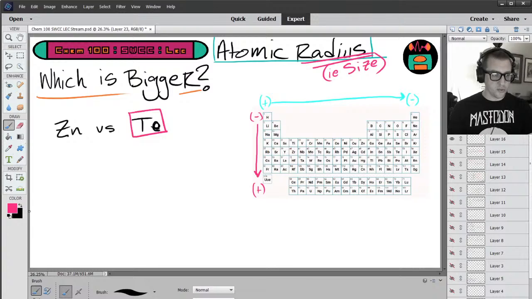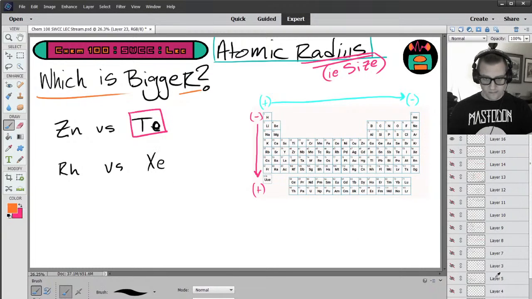All right, let's do another one. Let's do rhodium versus xenon. First job is we got to locate them, right? We may not know where all of these things are. Rhodium is right here, number 45. Xenon is right here, number 54.